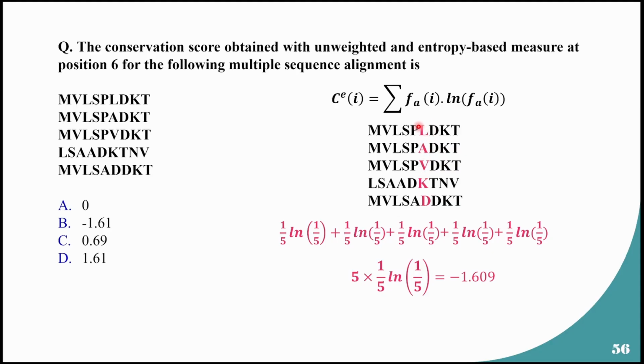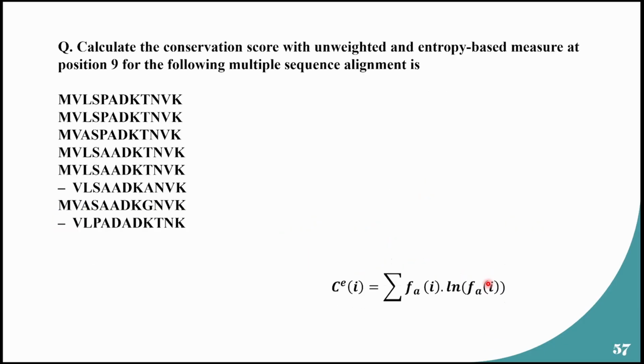For example, here we have a leucine, we have an alanine, we have a valine, etc. And then basically how many number of times you see in all of your sequences, right? So out of the 5 sequences given, we only see each one time. So in this case, the fraction will be 1 by 5. And if you do the calculation, it's 5 times 1 by 5 times ln 1 by 5. So it will give you a score of minus 1.609, right? So these kinds of formula you should try to remember.